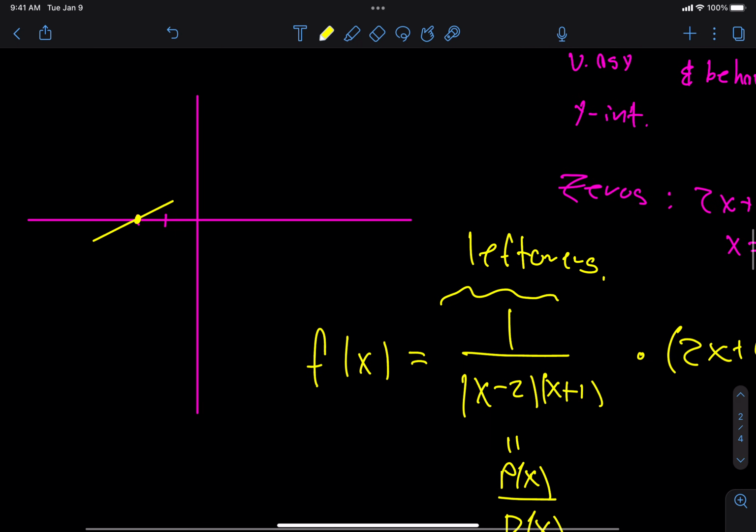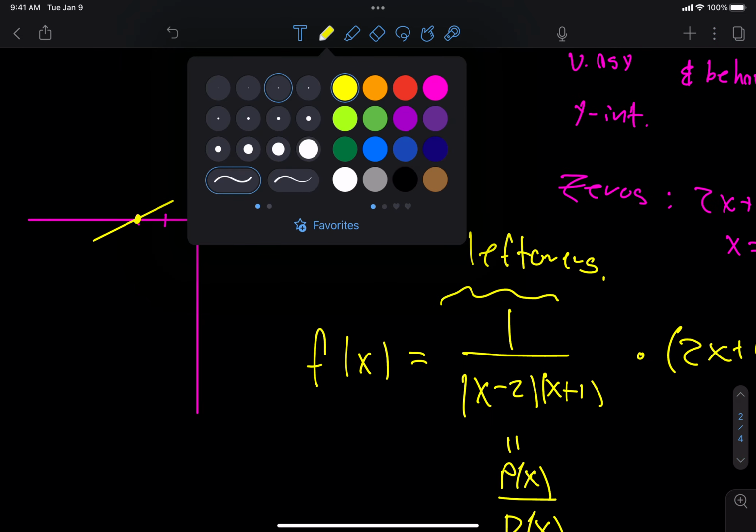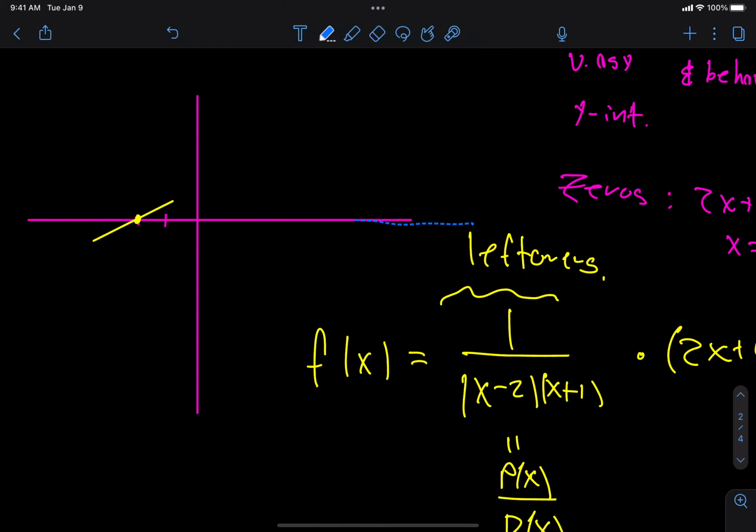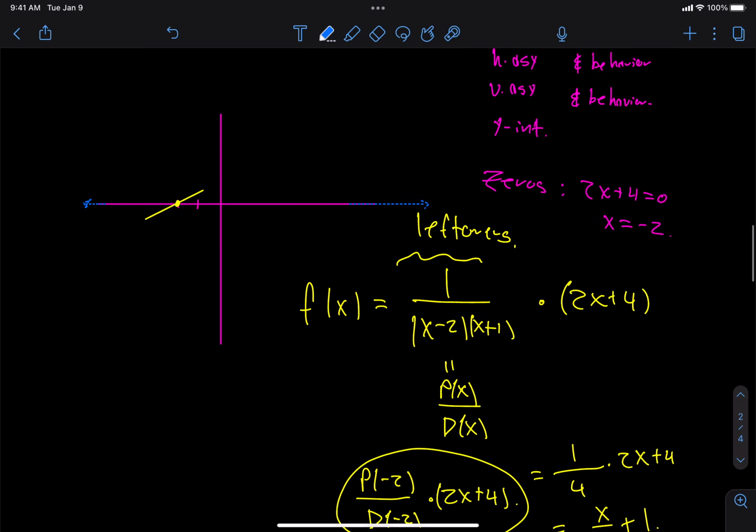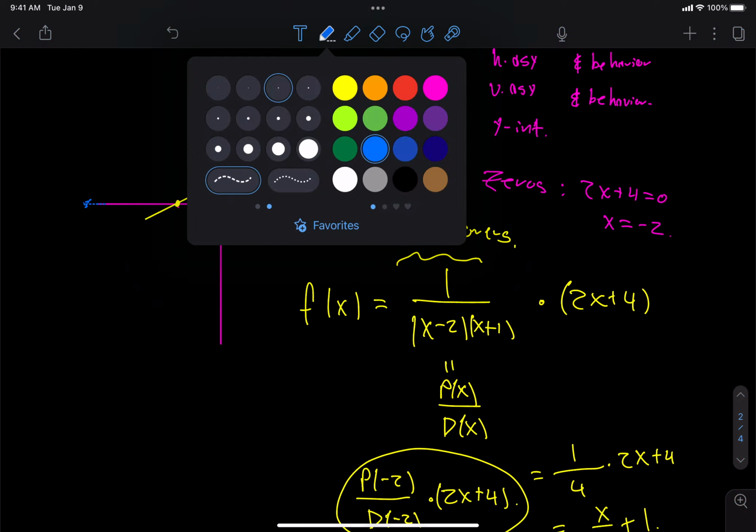So very far away, we're going to get very close to this line, right? Okay, so that's the horizontal asymptote. Let me leave the behavior for a little bit later.